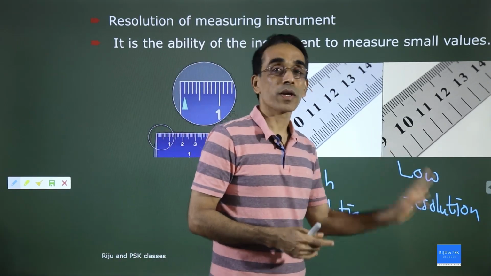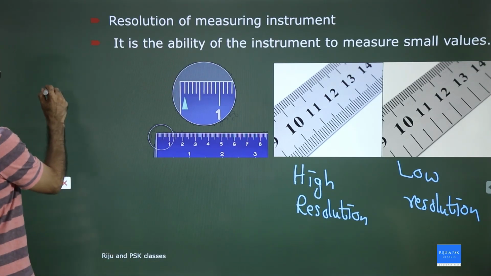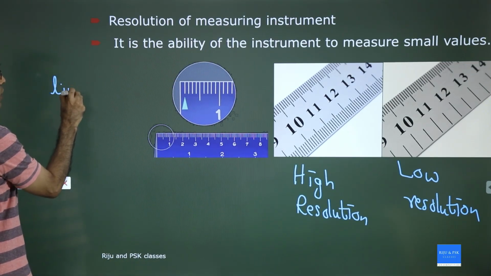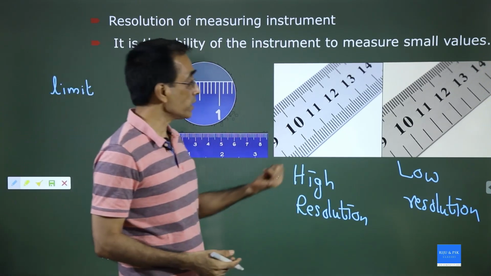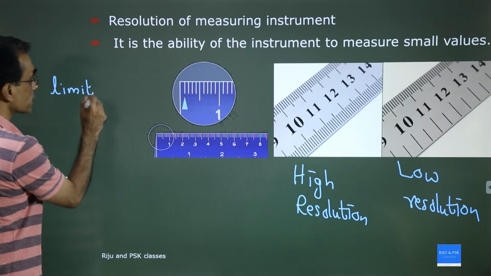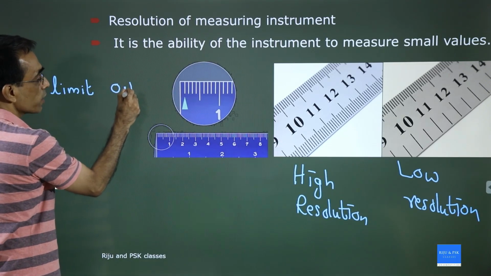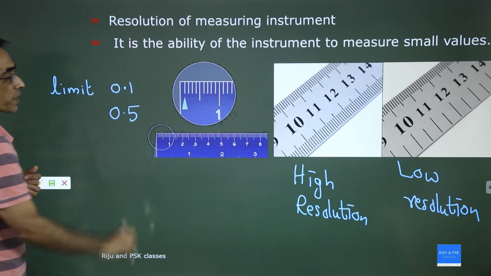This is having a lower resolution. Fine. Now sometimes we use another word to represent this, and that word is called limit. The limit of measurement. What is the limit of measurement in this device? The first device, the limit is 0.1 unit, but in the second one, that limit is 0.5.